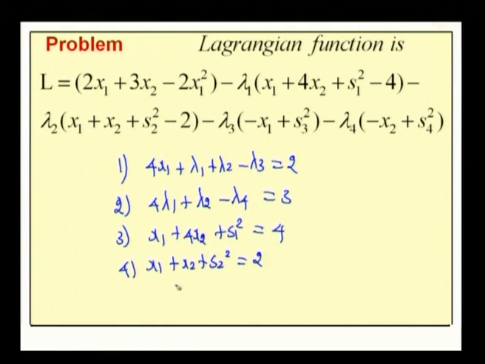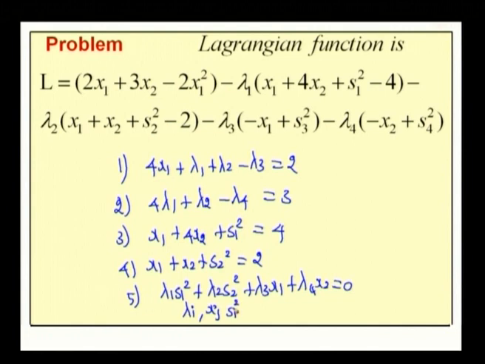Now, we are getting lambda 1 s1 squared plus lambda 2 s2 squared plus lambda 3 x1 plus lambda 4 x2 equal to 0, where lambda i varies from 1 to 4, xj varies from 1 to 2, and si squared, i varies from 1 to 4, are all greater than or equal to 0.